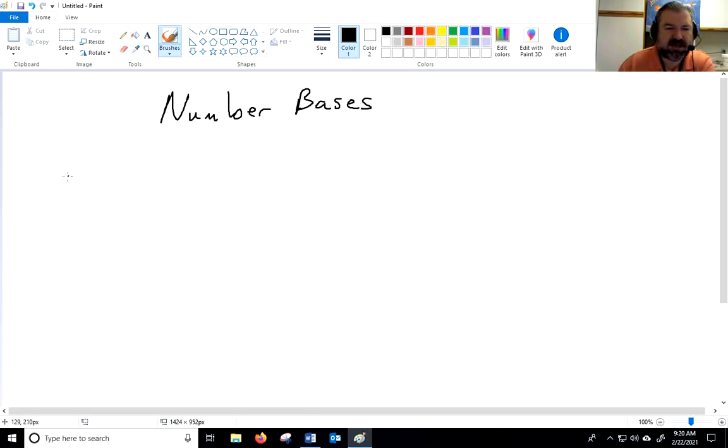When we have a number based system, each place value has a base. So we use what's called the base 10 system. If I write out the number 35923, we call this the ones digit.